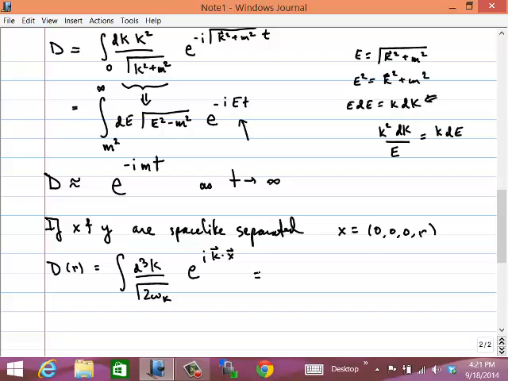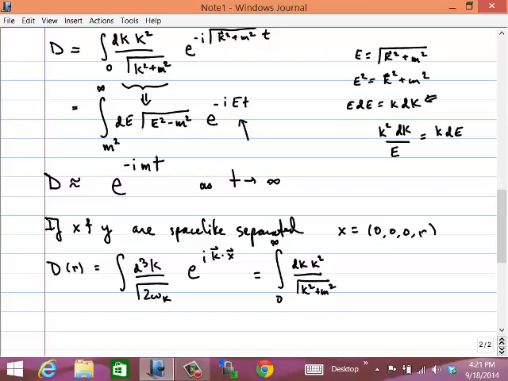This is very similar to an integral that we did earlier in this class. We can go to polar coordinates and write this as the integral from 0 to infinity dk of k squared over k squared plus m squared. Again, I'll leave out that factor of 2 just to keep life simple. And then we have the theta and phi integrals when we do the d3k in polar coordinates.